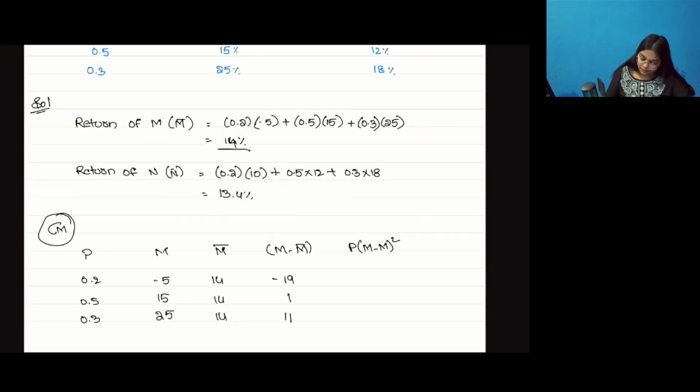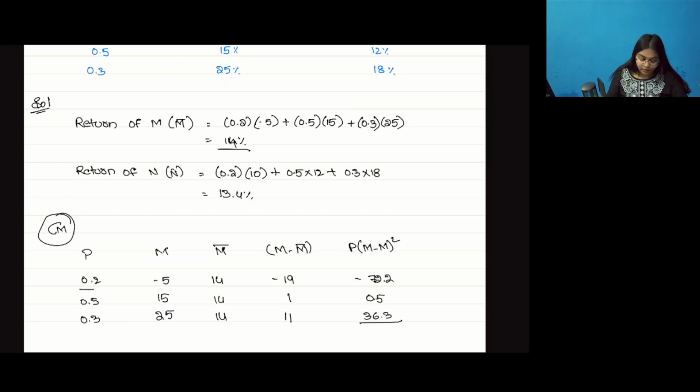So next, (p minus 19) whole square into 0.2, that is 361 into 0.2, 72.2. Next, 1 into 0.5, 0.5, and 121 into 0.3, 36.3.